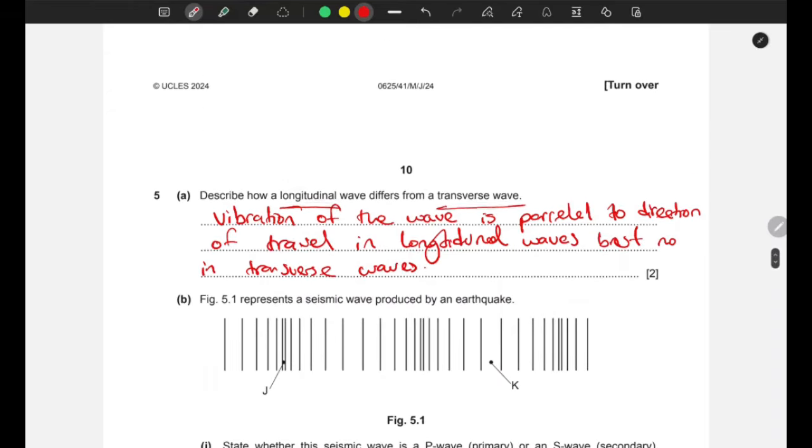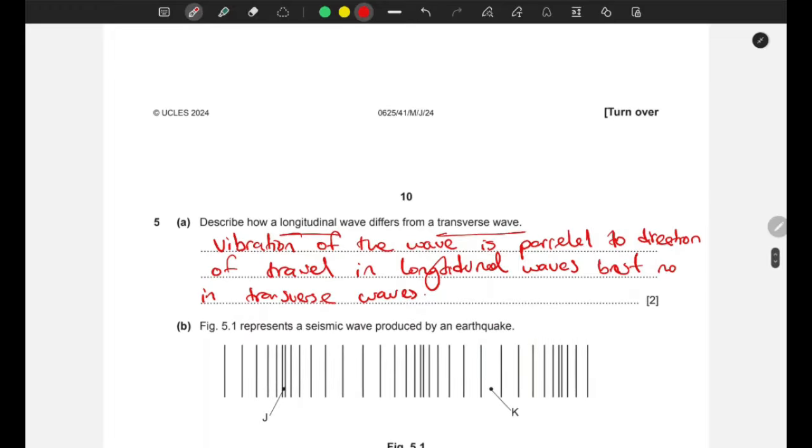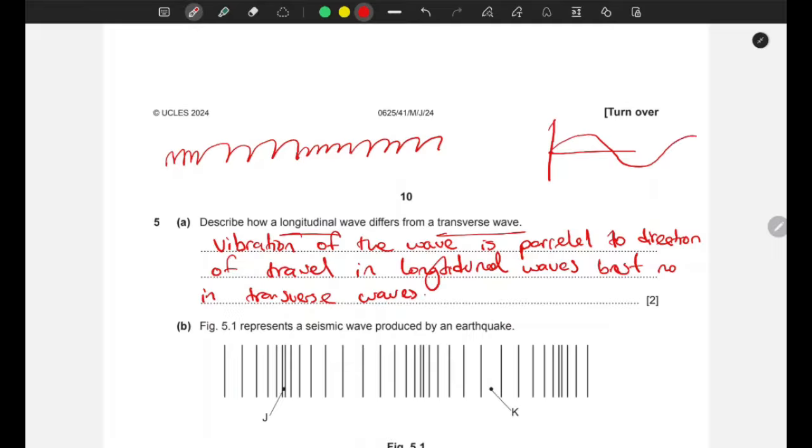So what this means is if we draw a longitudinal wave, a longitudinal wave is something like this. Again, I'm not the best drawer, but this will work. And a transverse wave is something like this. So for a longitudinal wave, the vibration is in this direction, and the direction of travel is also in the same direction.